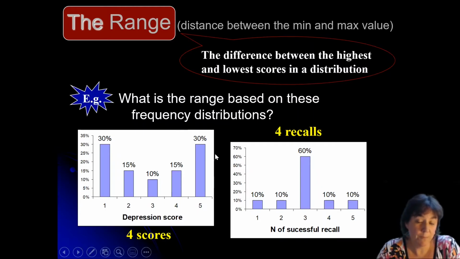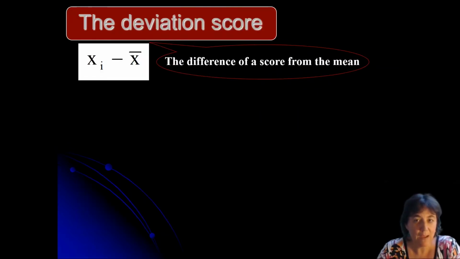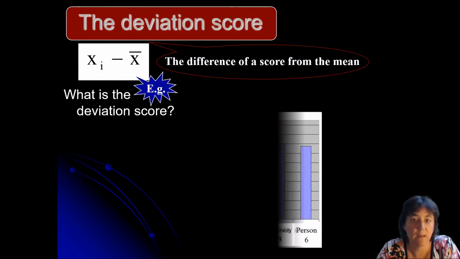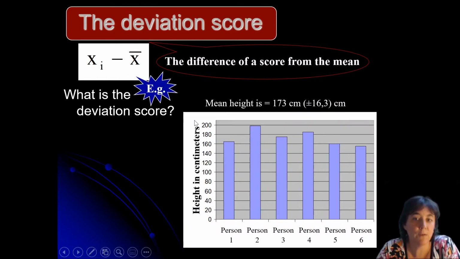Now, if we want to go into more detail, we have to have the other dispersion measures. So let's understand them. Let's start with the deviation score, which is the difference of a single score from the mean. So for example, in this previous example with height, we know that the mean height is 173 plus minus 16.3. We don't even have to know this number because for the deviation score, we need only the mean and the score of that specific person.